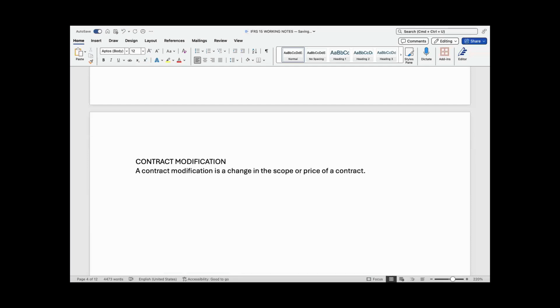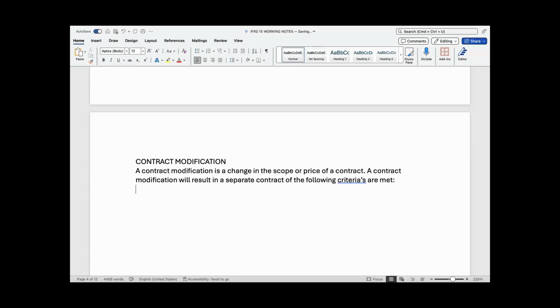A contract modification is a change in the scope or price of a contract, and it will result in a separate contract if the following criteria are met.